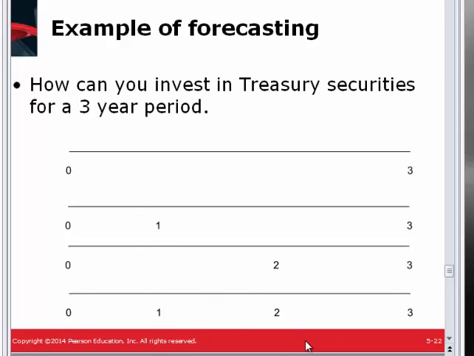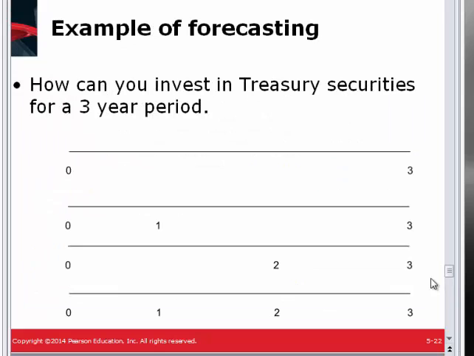The key is that all of these have to have the exact same return, because they're all 3-year investments in the exact same company, in quotes. It's investing in the government, so they all have to have the same returns. The R03s are things that we know how to calculate.